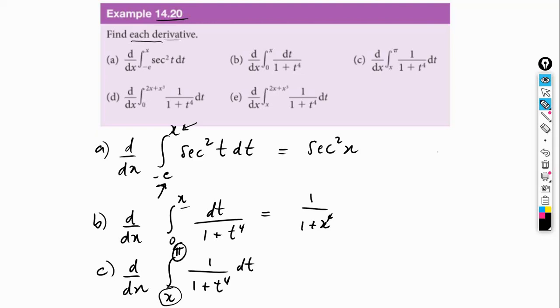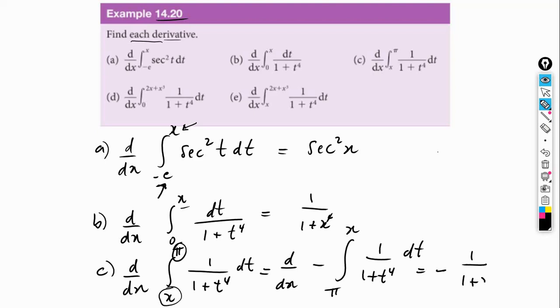But remember that we can swap that by simply putting a negative sign. So we can say that this is the same as the derivative of minus the integral from pi to x of 1 over 1 plus t to the 4 dt. And now we can just simply substitute. But now this is going to be negative 1 over 1 plus x to the 4.